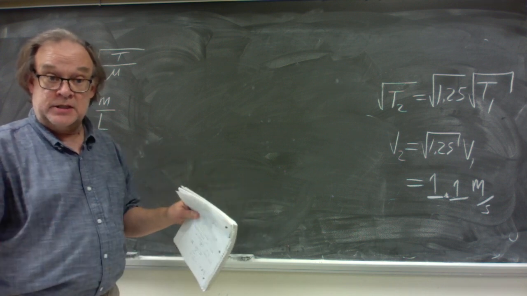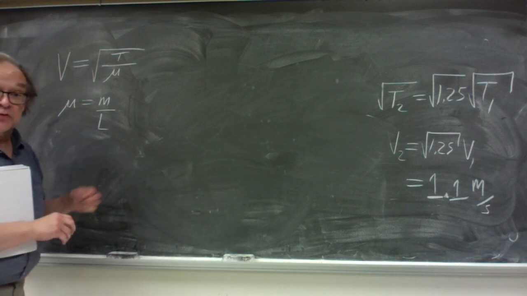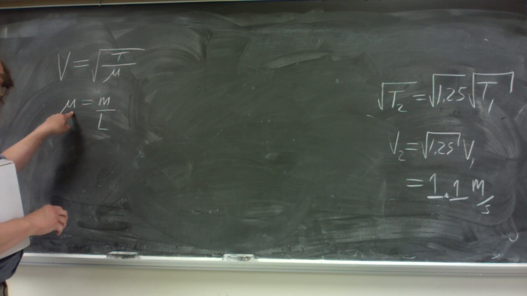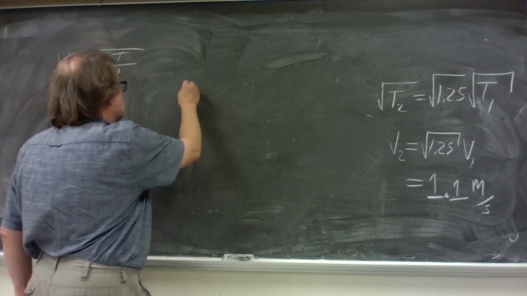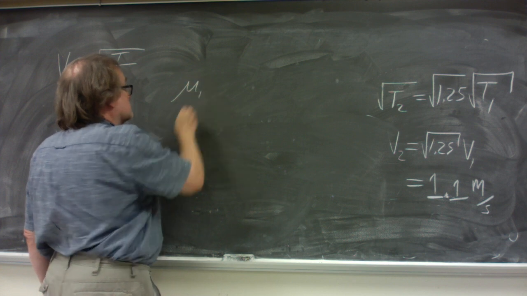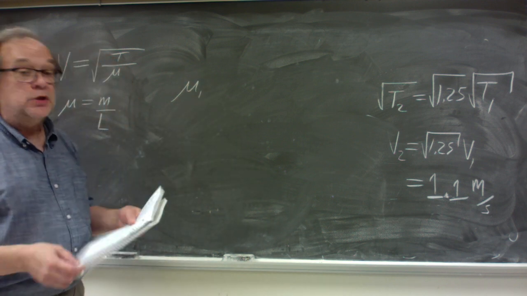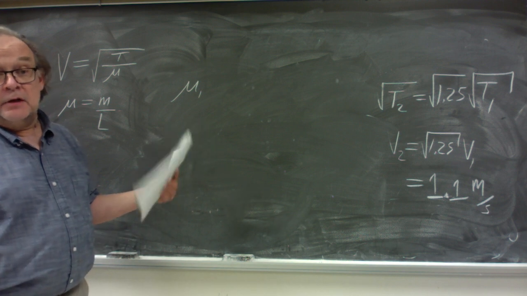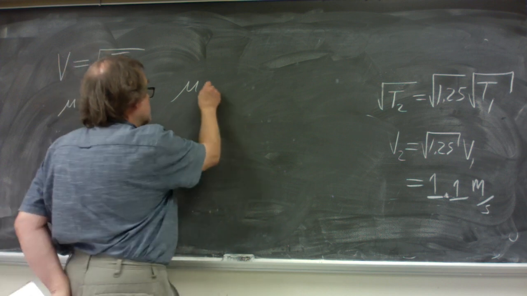We'll tighten them to the same tension, but we'll have different strings made of different material, and so this factor will be different. Let's say for one particular string with one particular value of mu, let's say again the wave speed is 1 meter per second.